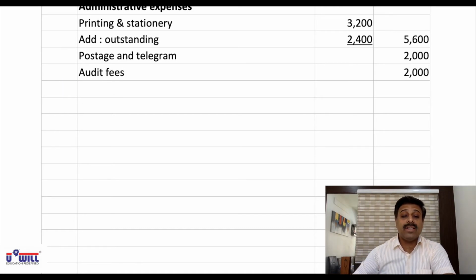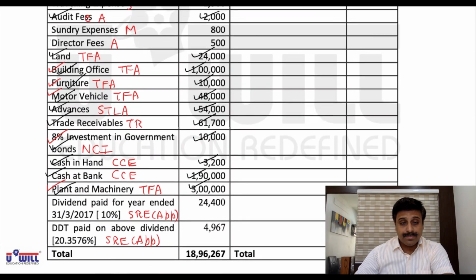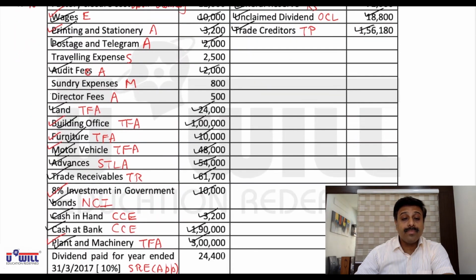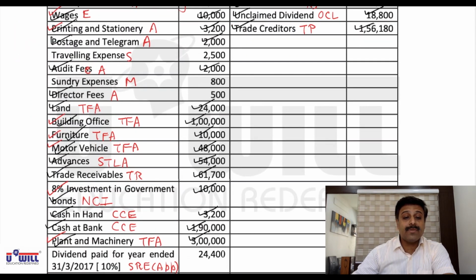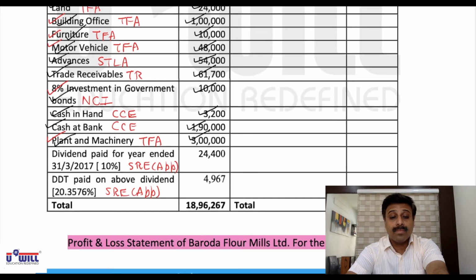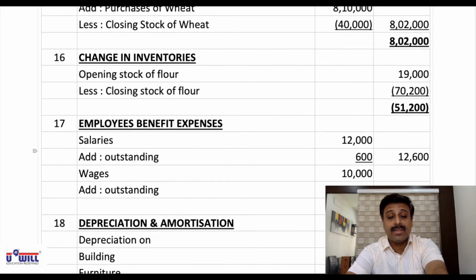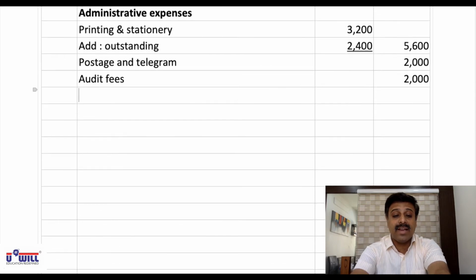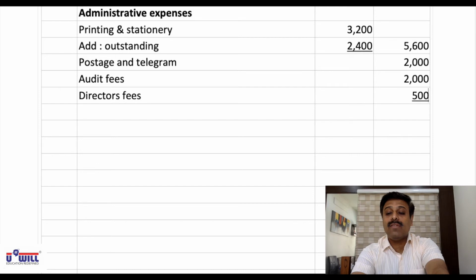Then after audit fees, we have director's fees, 500. That's it. That is the last item of administrative. Total will come to 5,600 plus 2,000 plus 2,000 plus 500, 10,100.